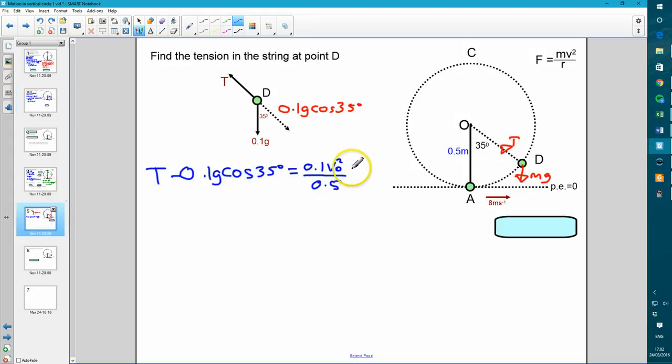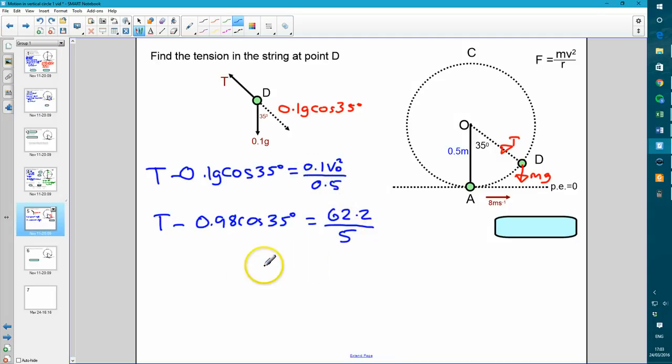So I can now rewrite this as T take away 0.98 cos 35 is equal to vD squared over 5, 62.2 divided by 5, because 0.1 divided by 0.5 is just the same as a fifth, so that's just the same as dividing by 5.